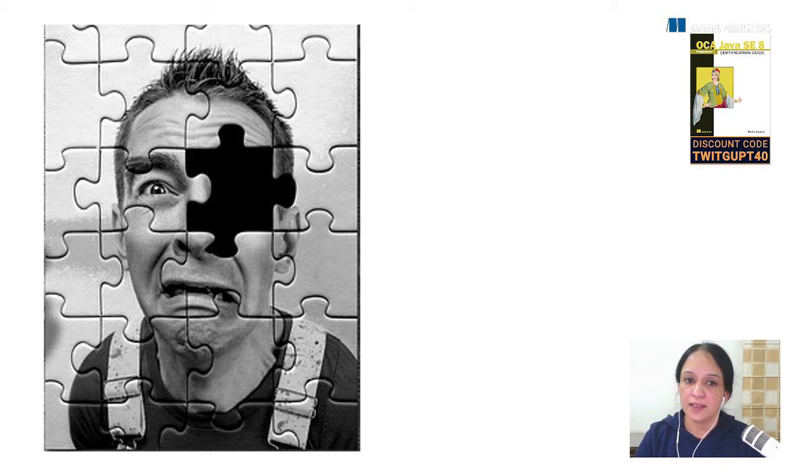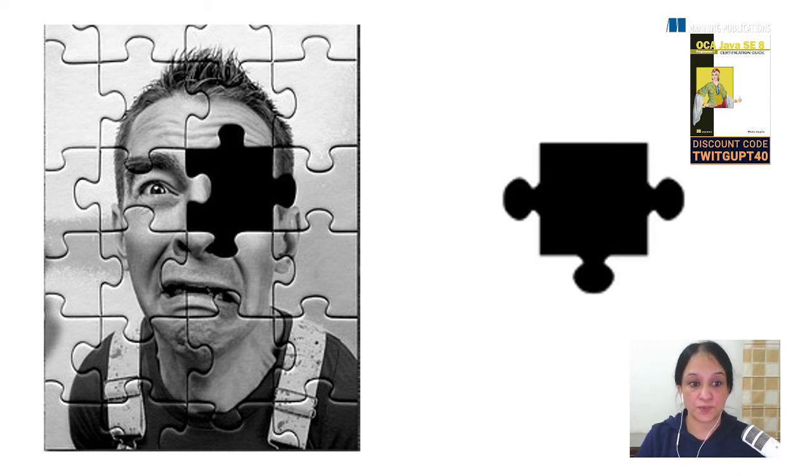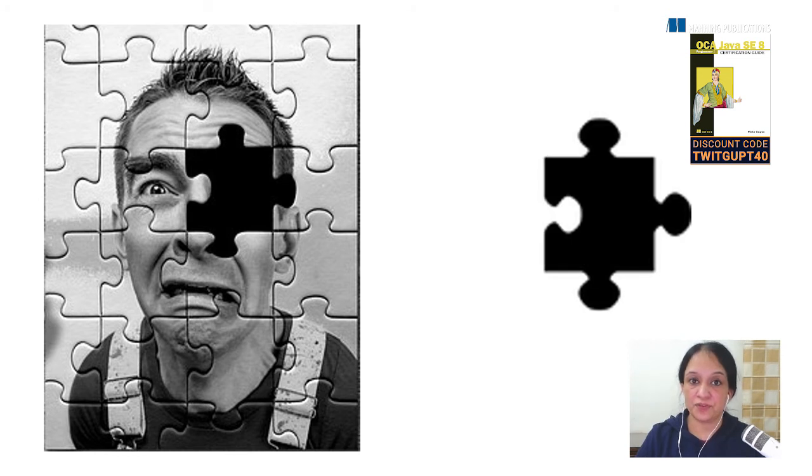Imagine, so this is a puzzle which I show you, and I would show you three options, and you have to guess which one of those puzzle pieces would fit in here. Do you think this one fits in? Or this one? Or probably this is a good fit? Yes, you're right.